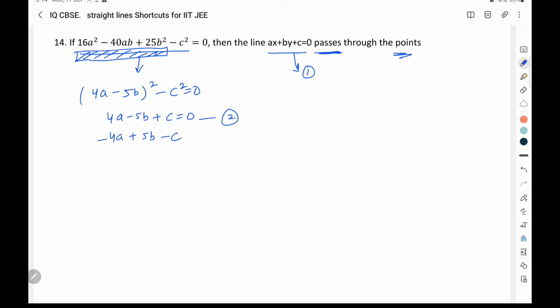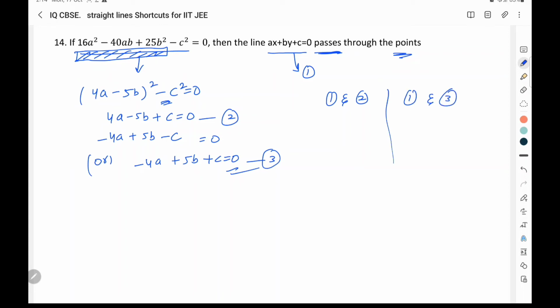So here I am taking minus as common, so I will get 4a plus 5b plus c is equal to 0. Anything is our wish, a plus b into a minus b model. Now this one I will take as equation number 3. Now we have to start comparing 1 and 2, also 1 and 3. So from that, just like the previous model, I will get 4 comma minus 5 and this one minus 4 comma 5.